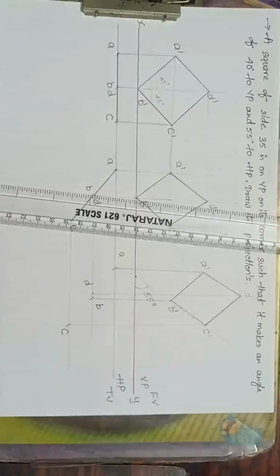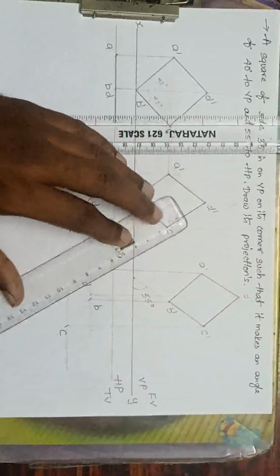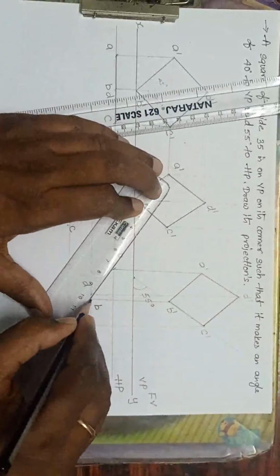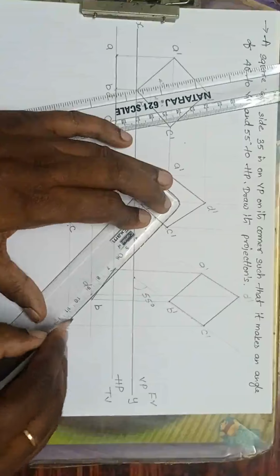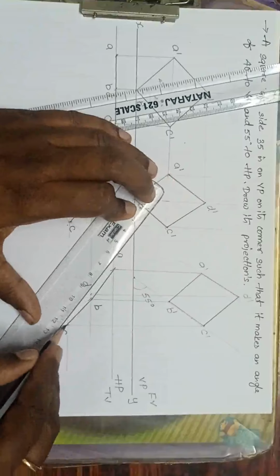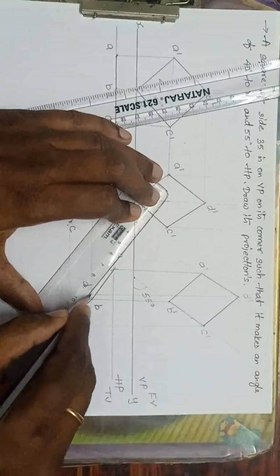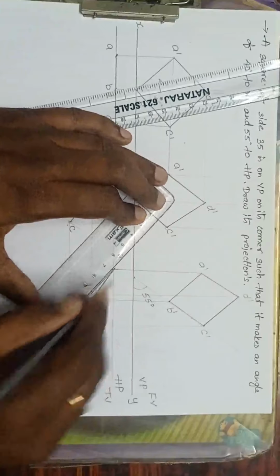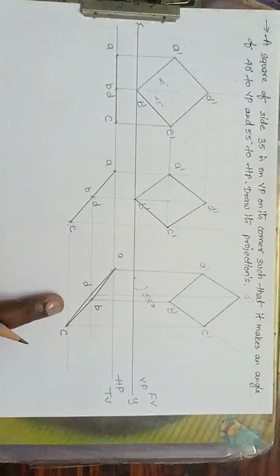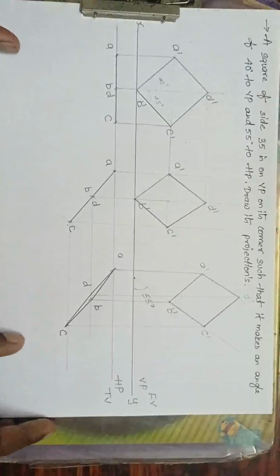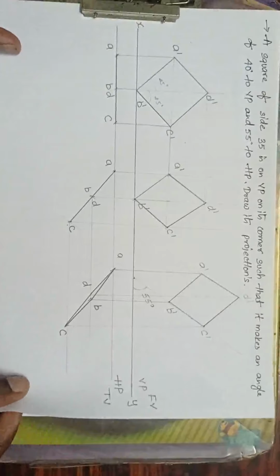Just join all the points. See here, AB straight line, BC straight line, CD straight line, and DA straight line. It will observe like this. Fine. Let us come to the next question.